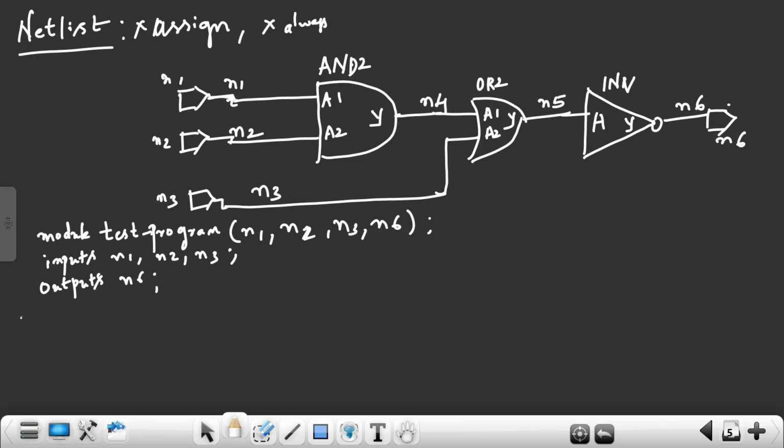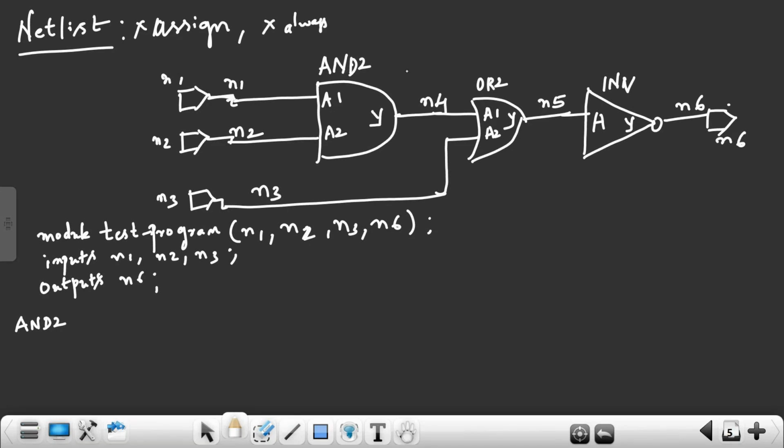Next, every synthesis tool will give an instance name. The tool only will give it. Why is the instance name required? Because in this design I can have many 2 input AND gates, and the library name will be the same for all, right? Because in the library I have only one 2 input AND gate.